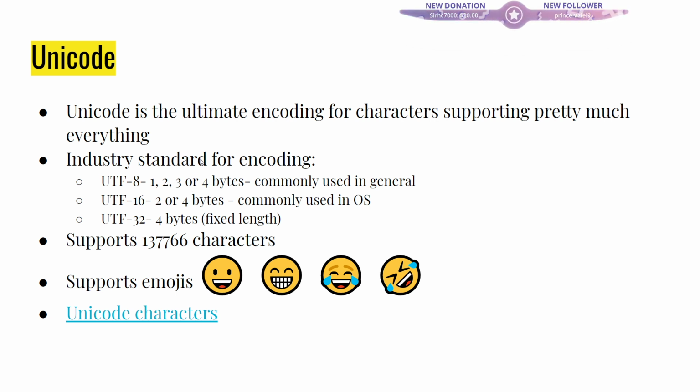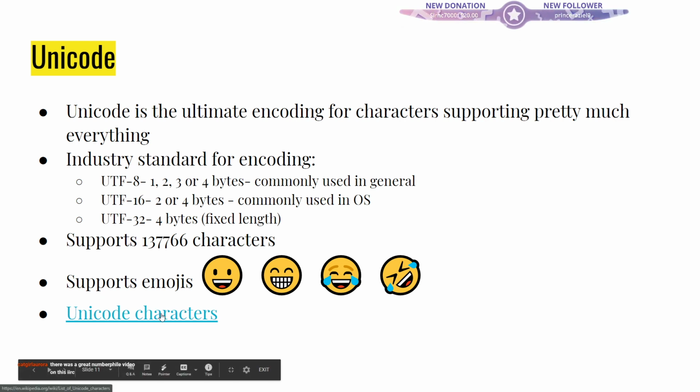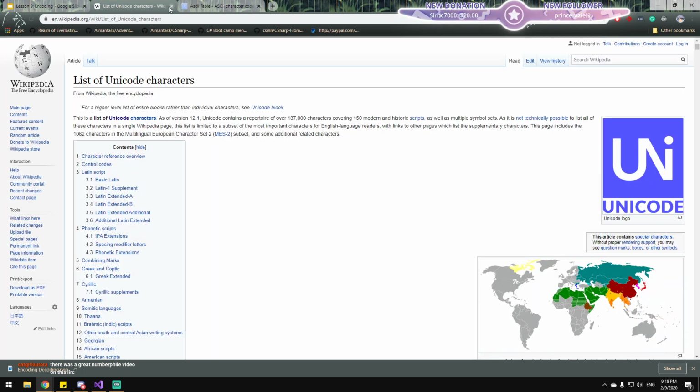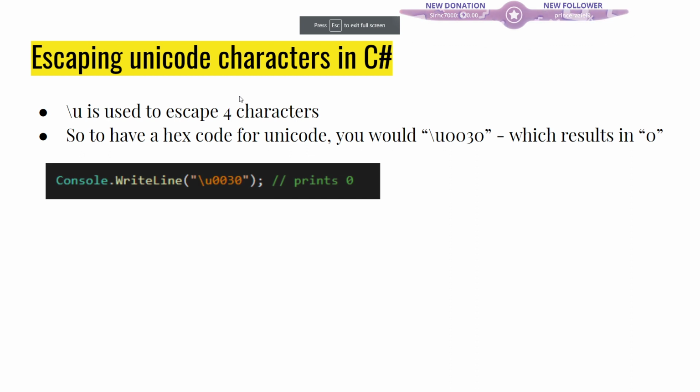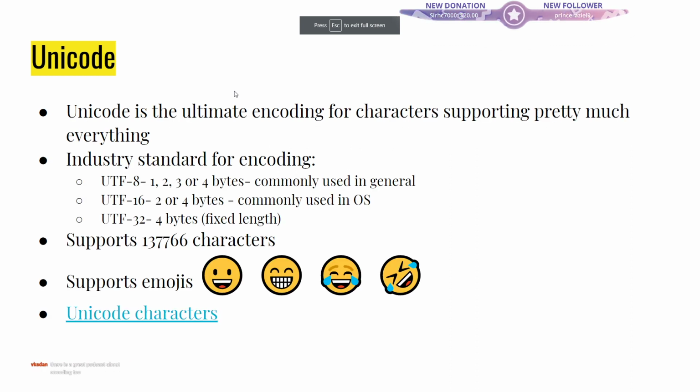And an interesting thing about Unicode characters, I actually have a link. Oh, no, not this one. Oh, about bytes. You said there's a great video on Unicode characters. I agree. I should give a link to that one as well.